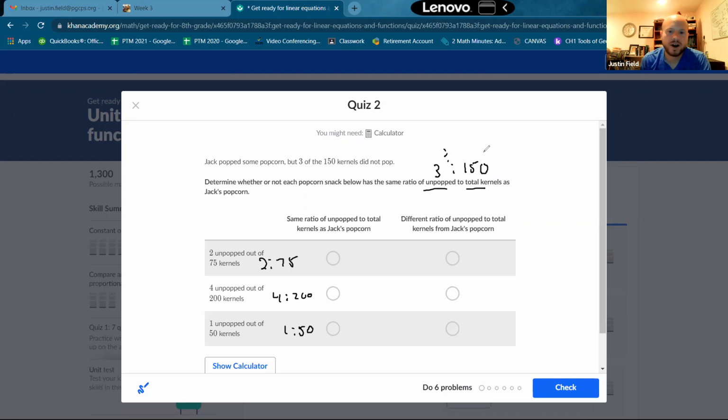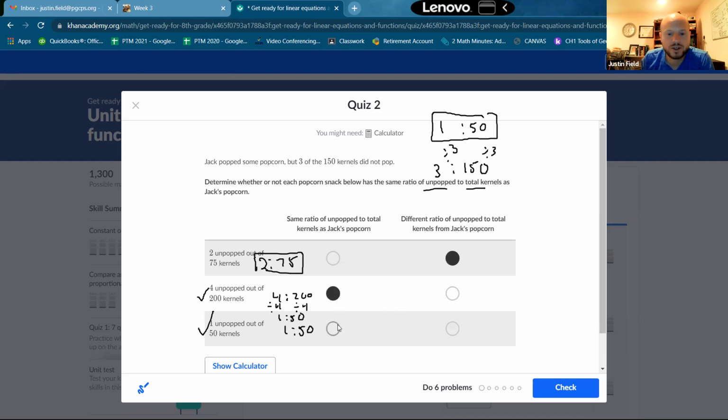If we divide both of these numbers by 3, 150 divided by 3 is 50, so Jack's ratio simplifies to 1 out of 50, which is also right there. 4 to 200, we could divide both those numbers by 4, and that would reduce to 1 out of 50 as well. 2 out of 75 is simplified and different. So when you have ratios, you can simplify them. And there you go.